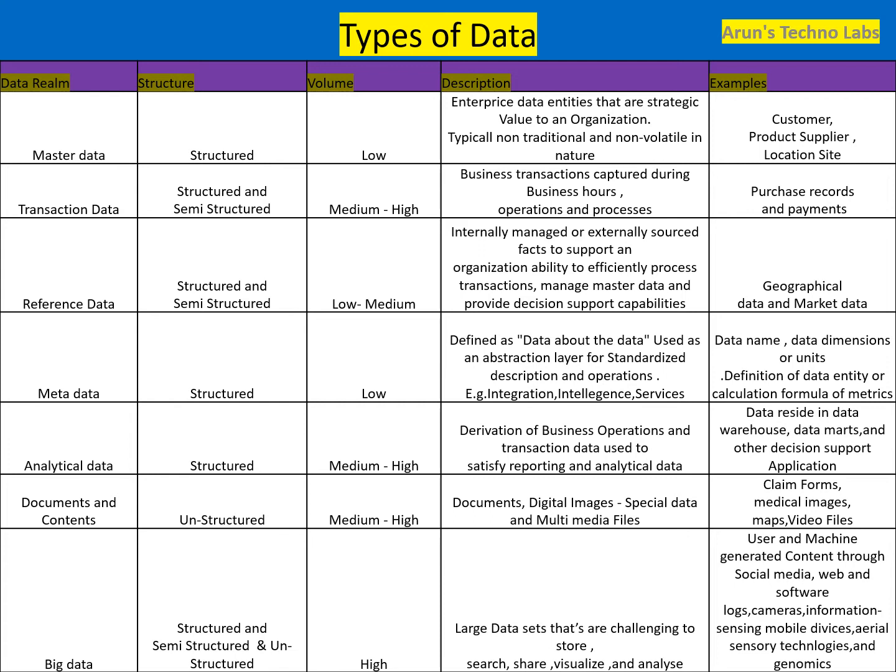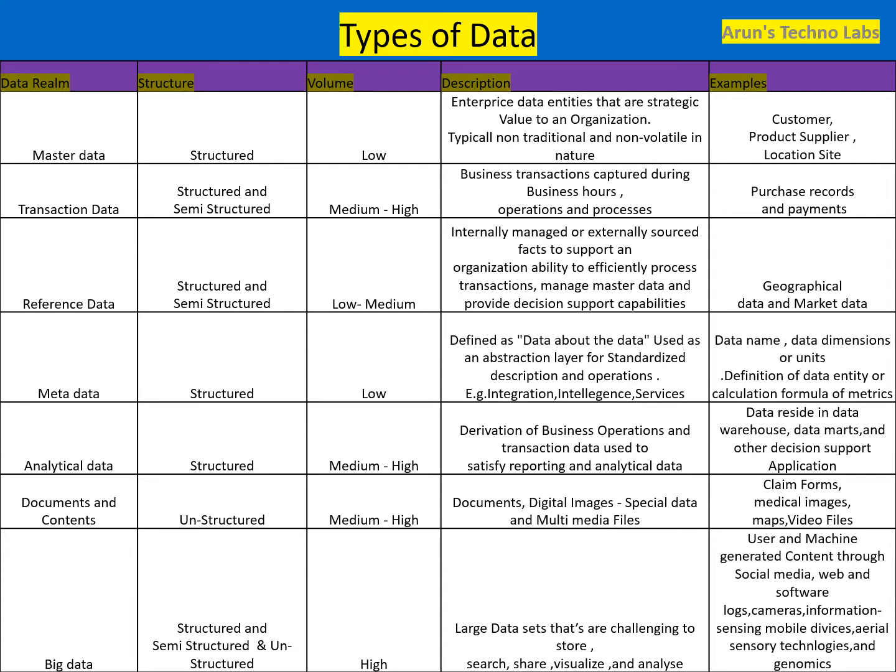Analytical data. Analytical data means that when transaction data is used, we need to find out where we see more transactions, less transactions, and what the critical time is. There are many data analysis tools in the market, and with those we analyze peak periods, non-peak periods, and how many transactions there are per minute and per hour.